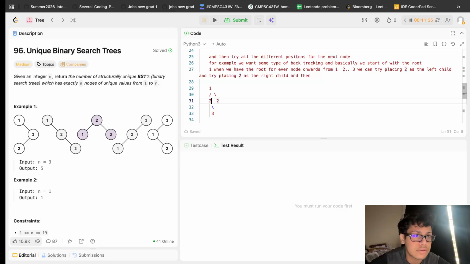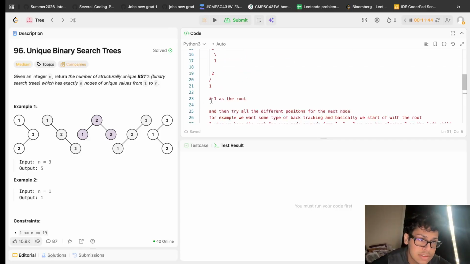Then we want to know there's also a path where 3 is this, right? I feel like I'm missing something.